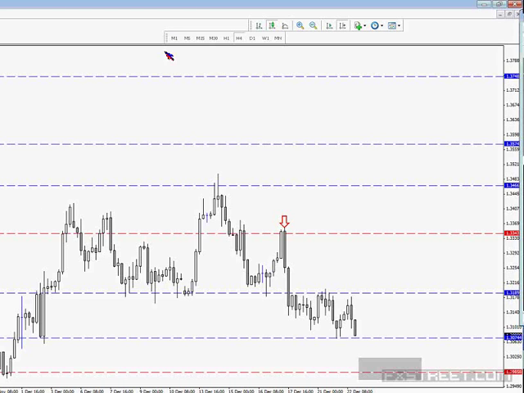Whereas if I were looking at, say, the 5-minute chart, and I drew my zones based on the 15-minute chart, maybe those zones would only be 5 pips wide, 6 pips wide, something like that. So there is a little bit of wiggle room on these. But overall, these are the spots where I look for reversals.